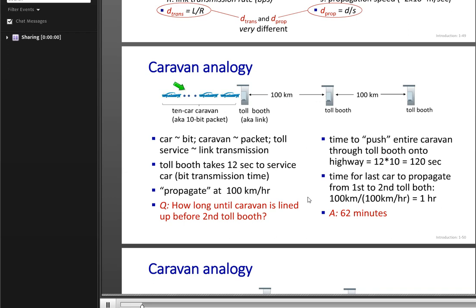Let's suppose that we have a caravan, a 10-car caravan. This caravan wants to pass the highway with a length of 100 kilometers.